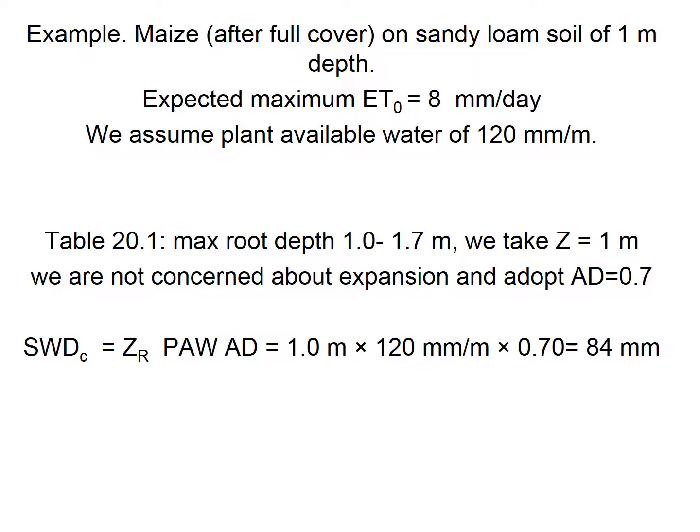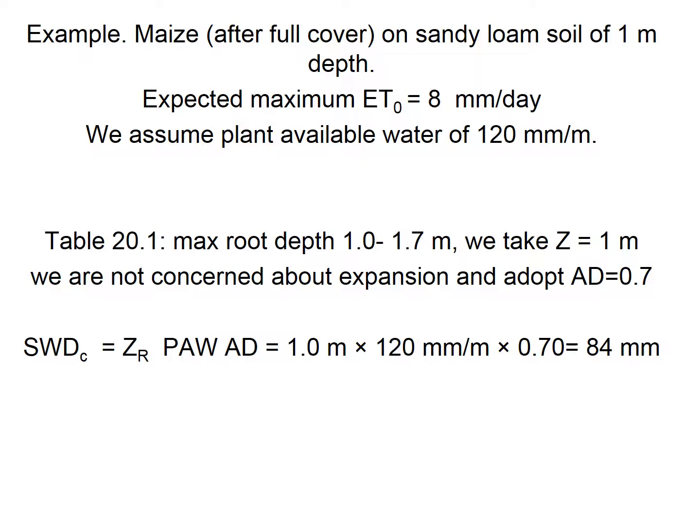In table 20.1, we find that for maize, the maximum rooting depth lies between 1 and 1.7 meters. In this case, we will take 1 meter. Why? Because the soil is already limiting root growth. So, if the soil depth is 1 meter, the maximum rooting depth will be 1 meter.